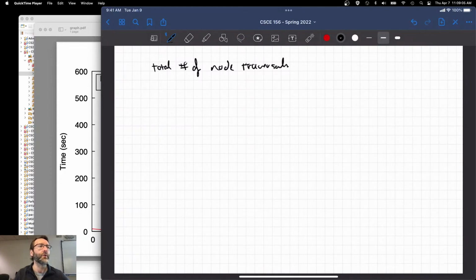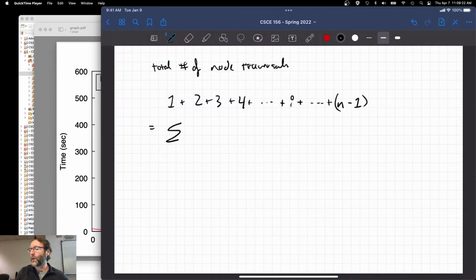I'm not even going to include that here. 1 plus 2 plus 3 plus 4 plus ... plus i. Remember, that's at the ith iteration. And then we go all the way up to the last iteration, which is n-1. You can write this in a nice summation form where i is running from 1 up to n-1, because i is the variable that we're using. 1 plus 2 plus 3 plus 4.